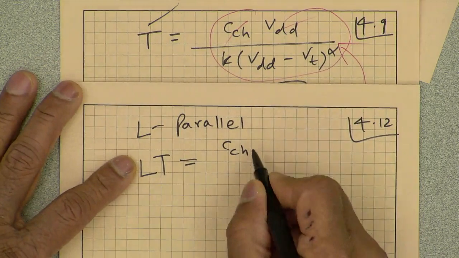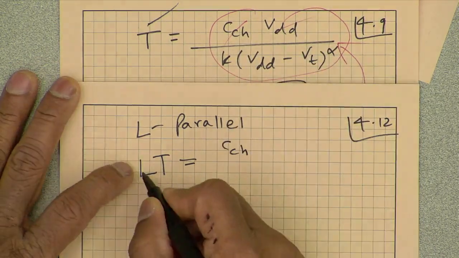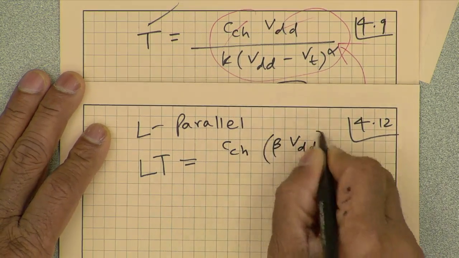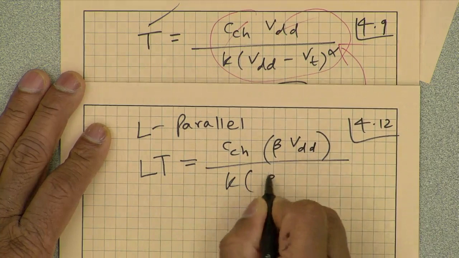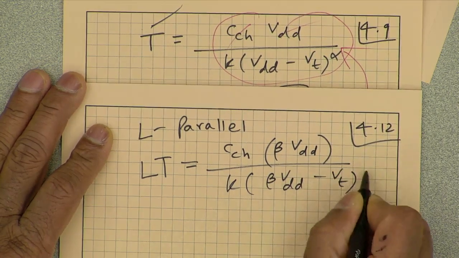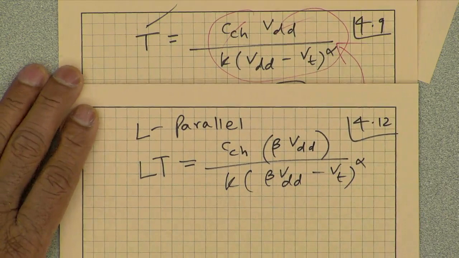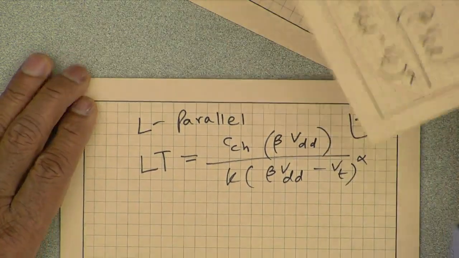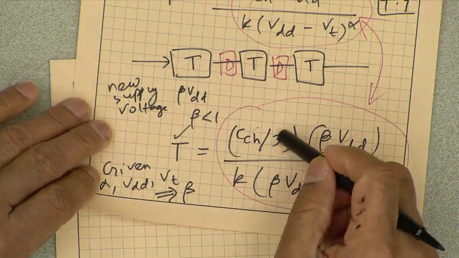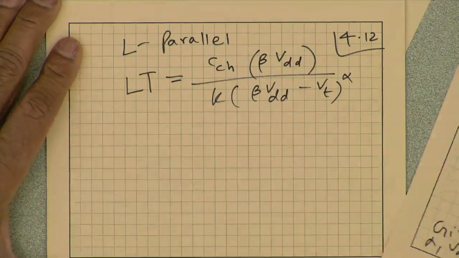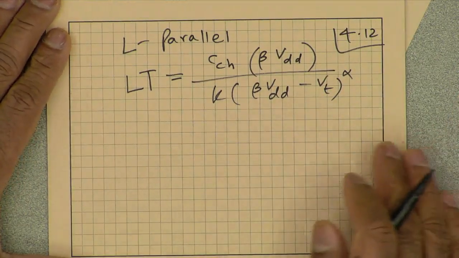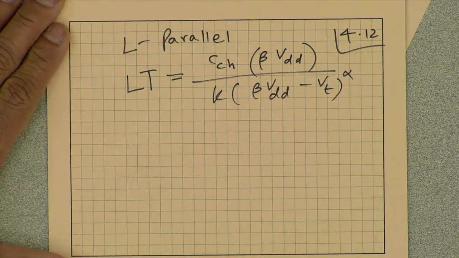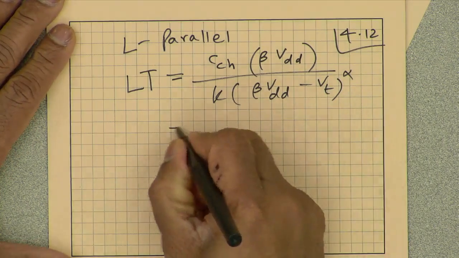So L times T, instead of C charge by L, is L T times beta VDD, that is the new supply voltage, times K times (beta VDD minus VT) squared, or VT to the power alpha. In fact the pipeline equation was exactly the same, the only difference being this L was here, and you bring it here. So the solution for beta is exactly the same. So if beta was 0.6 for a 3-stage pipeline, beta is going to be still 0.6 for 3-stage parallelism. So you solve that for beta.